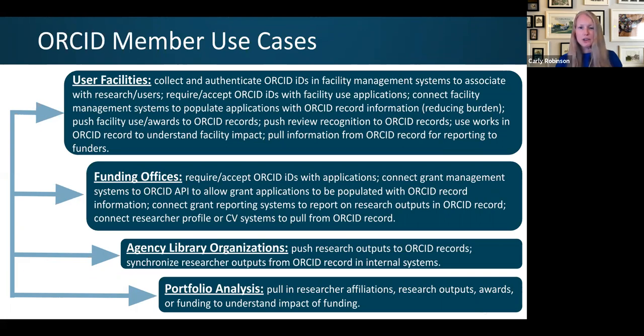And then you could connect your researcher profile systems or CV systems to pull information in from an ORCID record. Library organizations could push research outputs that they have in their library systems into researchers' ORCID records. And they could also synchronize those outputs that researchers update in their ORCID record so they have that information in their internal systems.